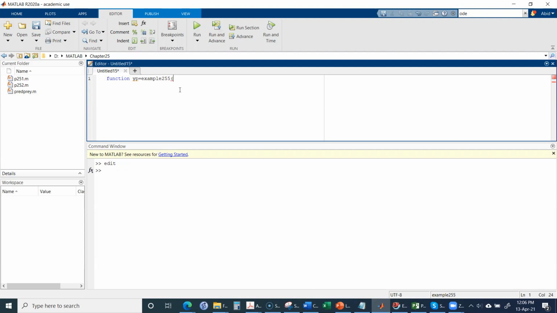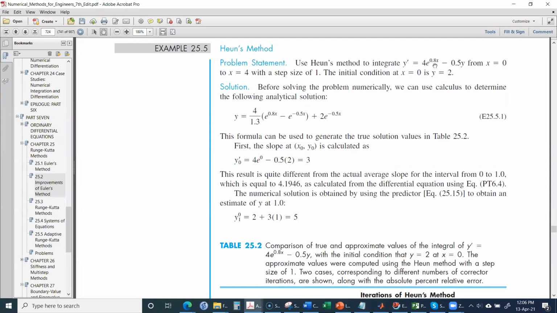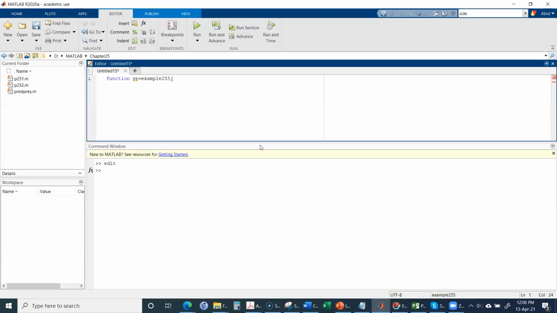In this example, x is the independent variable, y is the dependent variable, as it is dy over dx. So I will put x and y, and then close the parenthesis, and then write the formula for yp in the body of this function.